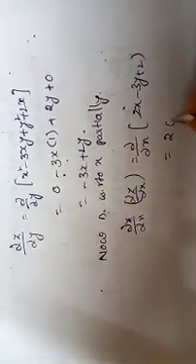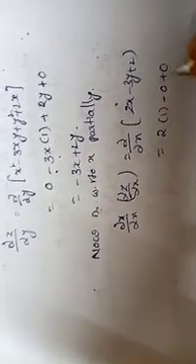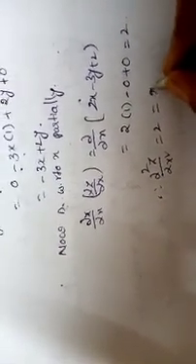So 2 into the derivative of x is 1, and here 0, here also 0. Therefore 2. So dou square z by dou x square equal to 2. Treat this as r.